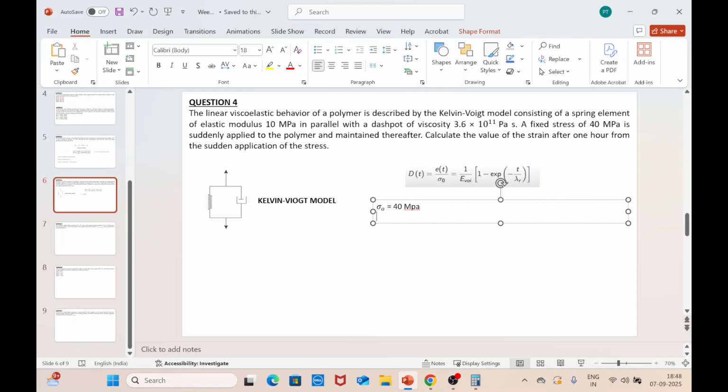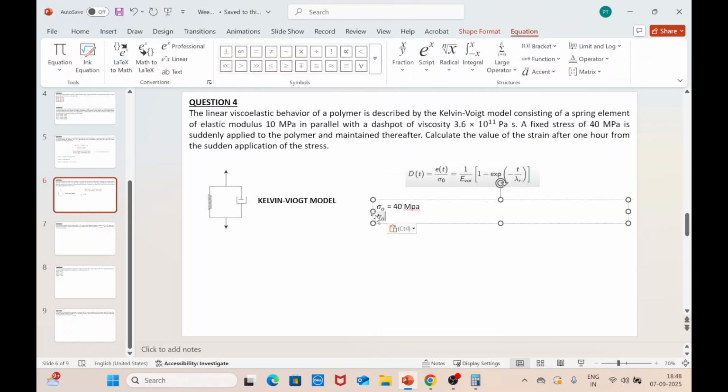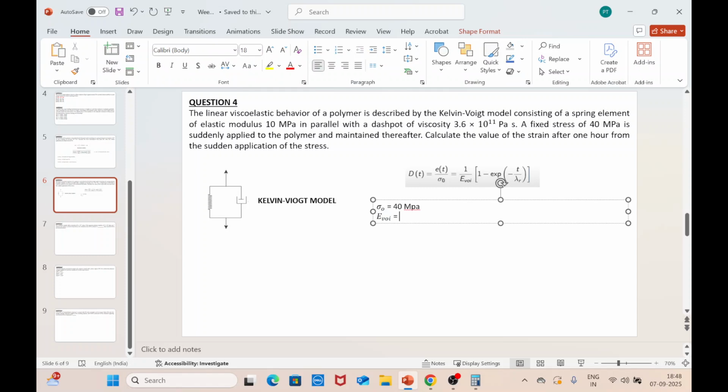Then you have your elastic modulus E of the Voigt, which is going to be 10 megapascals.